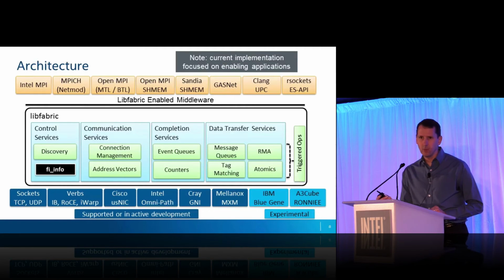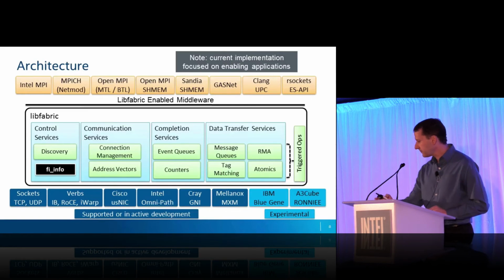It's in the 1.2 release, which is coming out at the end of this year. It's in the current RC. So Cray has support for their GNI hardware. And then we also have some support for Mellanox hardware that's layered over MXM. That gives us additional scalability features that we wouldn't get through writing to Mellanox hardware through the verbs interface, for example.